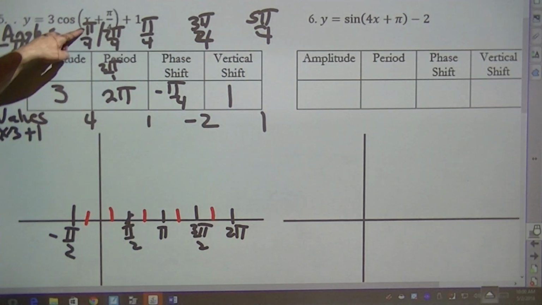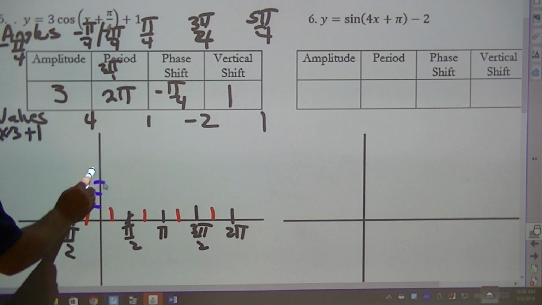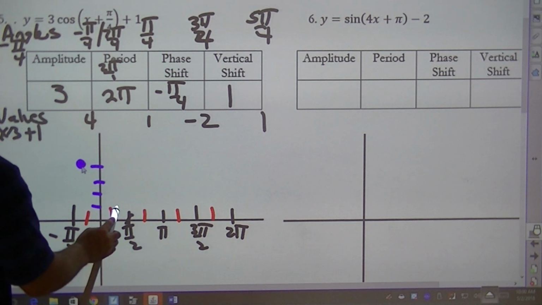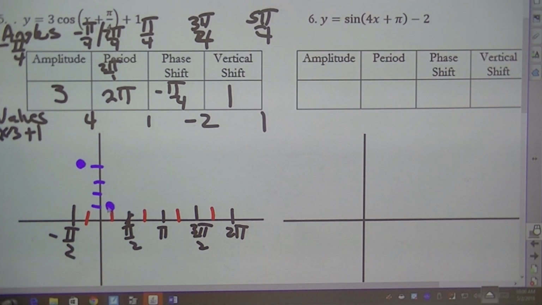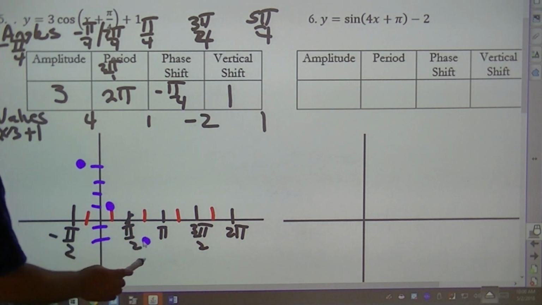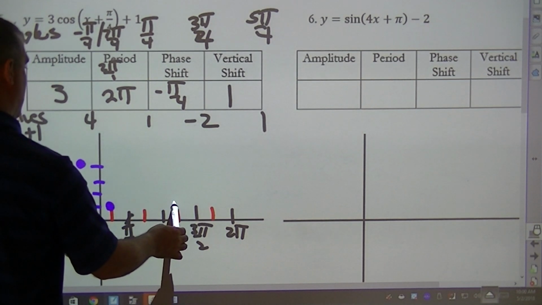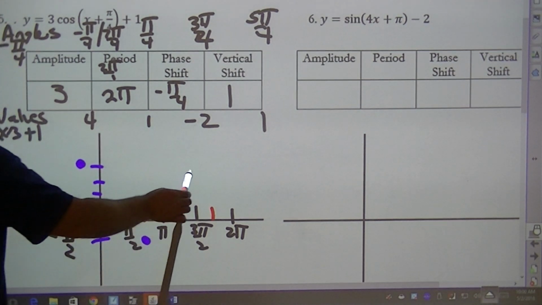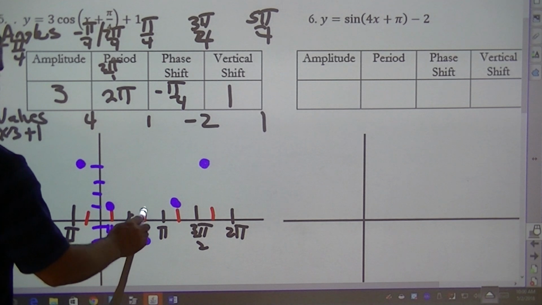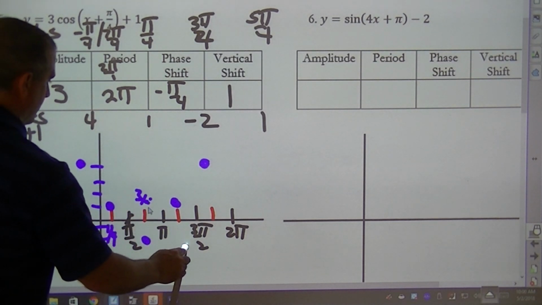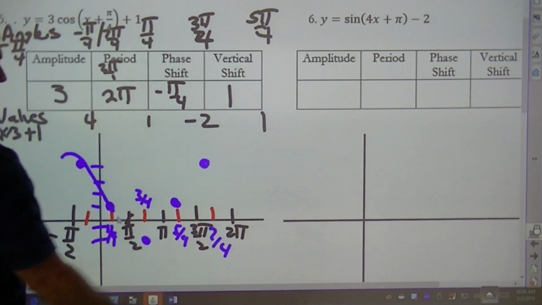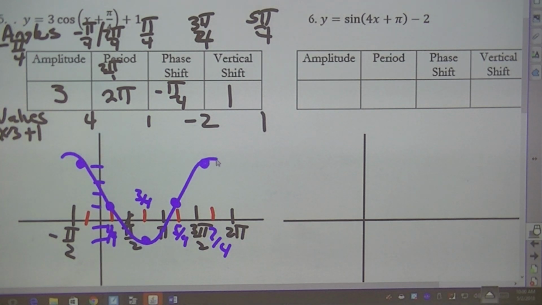I'm going to plot in blue, so at negative pi over 4, I'm at 4. Then at pi over 4, I'm at 1. At 3 pi over 4, I'm at negative 2. At 5 pi over 4, I'm at 1. And 7 pi over 4, I'm back here. So the idea is, this is 1/4, this is 3/4, this is 5/4, this is 7/4. This works in increments of 2, but they're in the odd context. So that will be your measure.